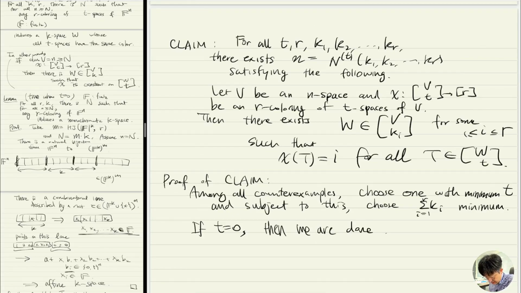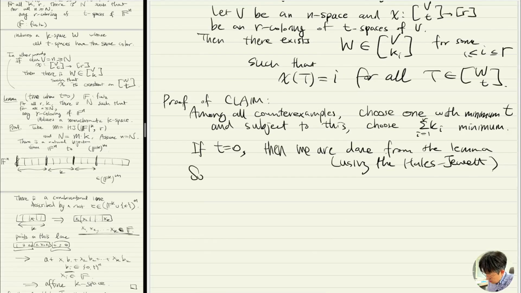We can use Hales-Jewett theorem and take K to be the maximum of Ki, and then from the lemma we can find the monochromatic space. So we may assume T is bigger than 0.